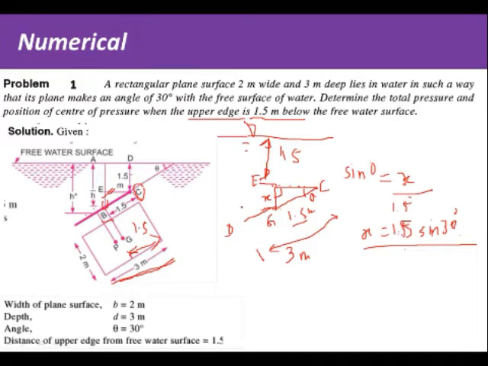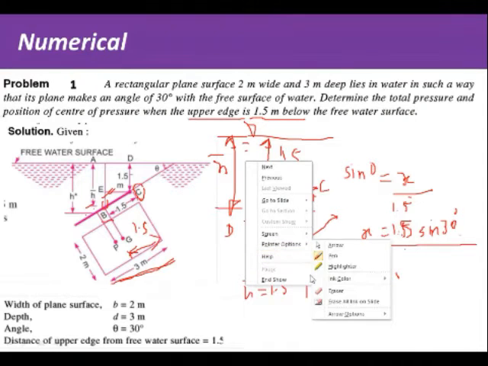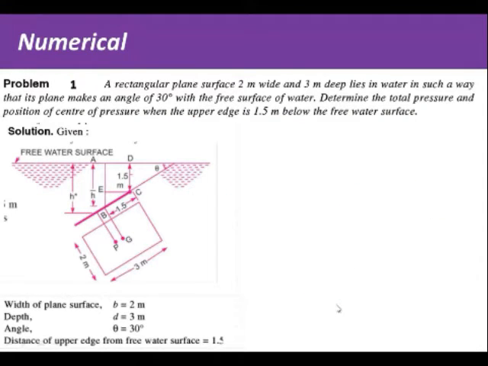So this h bar, which is nothing but the location of center of gravity from the free liquid surface, is 1.5 plus 1.5 sine of 30. Is this understood? Basically our first task is to calculate the value of h bar. If this is understood, we can proceed further.